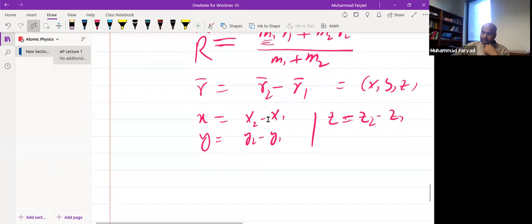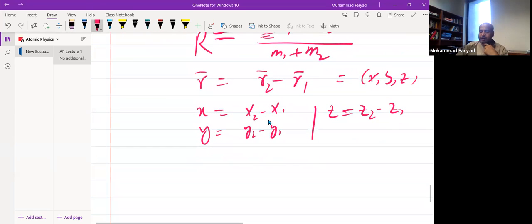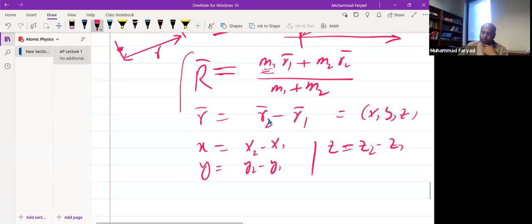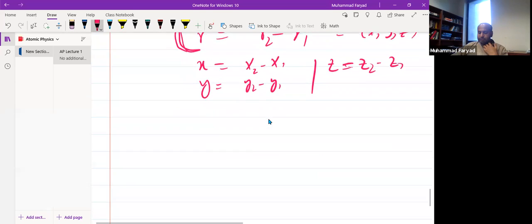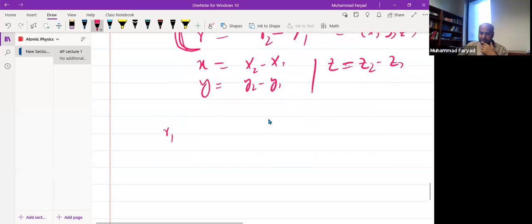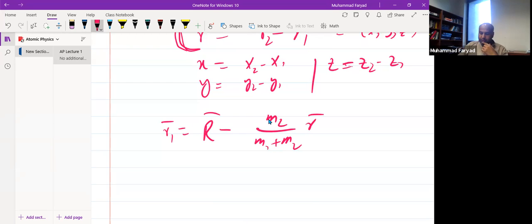Now, we can express these R1 and R2 in terms of this capital R and small r, because these are two equations, and I can solve them simultaneously for R1 and R2 using the techniques of simultaneous equations. Then you can see that R1 comes out to be R minus m2 over (m1 plus m2) times r, and R2 comes out to be R plus m1 over (m1 plus m2) times r.